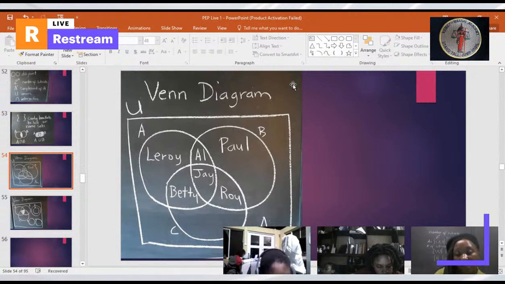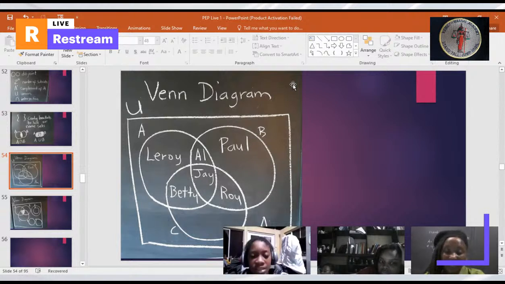Now, Paul is B only. If they ask which element is in B alone, that's Paul. Paul is not overlapping with any other circle. And Leroy is A only. You see that, Leroy? Yes, Leroy is A only.